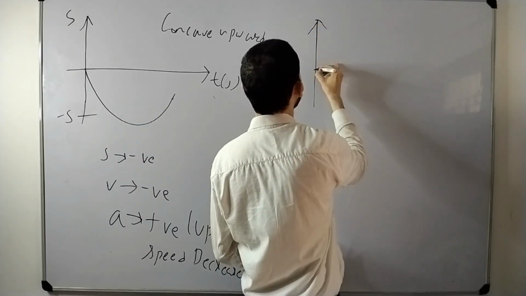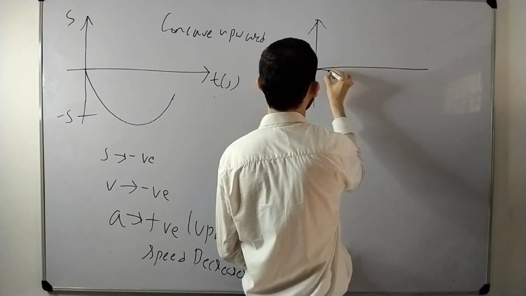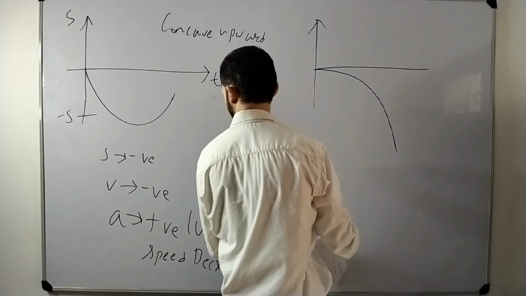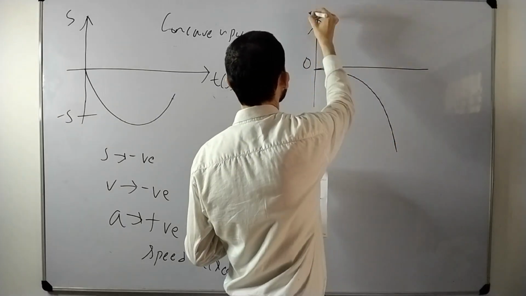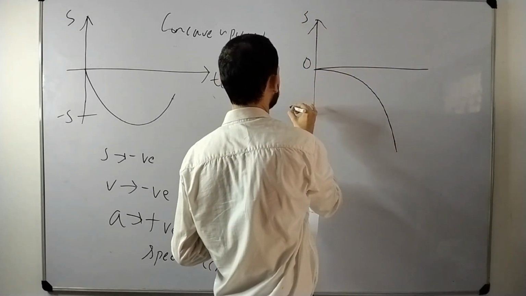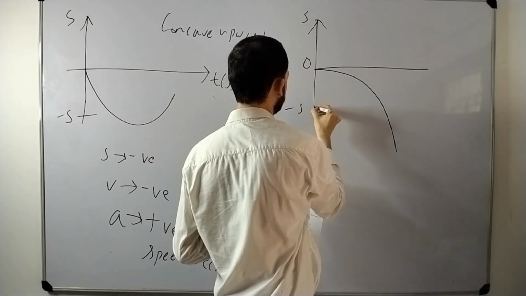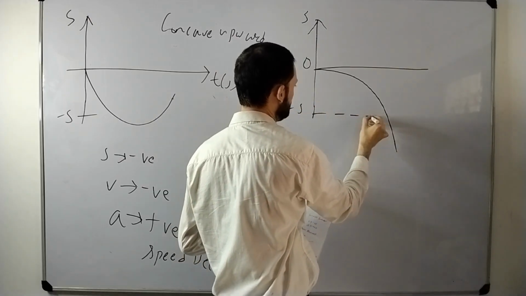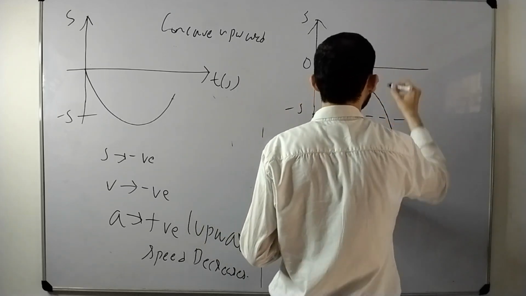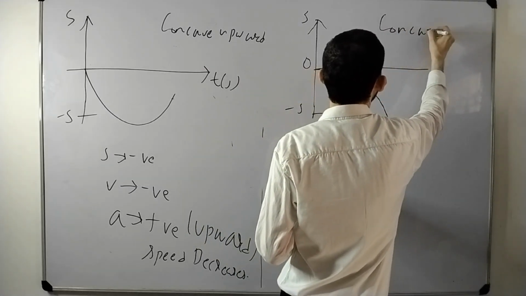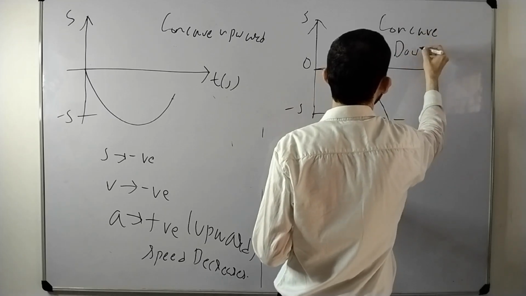This is the reverse case of this. This is 0, this is S and this is minus S. So the concave is what? Downward, and displacement is S. So concave downward.